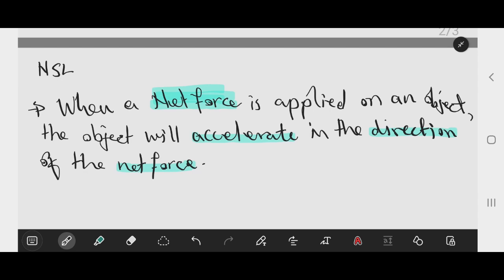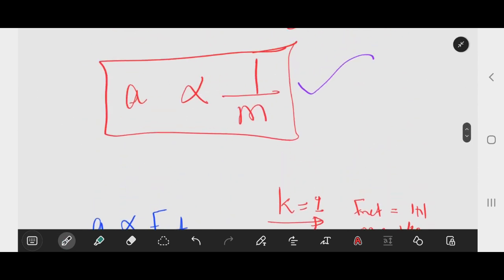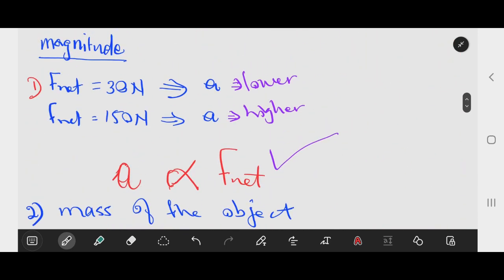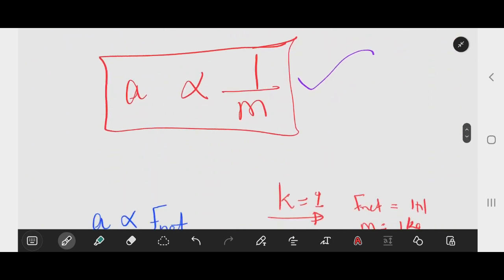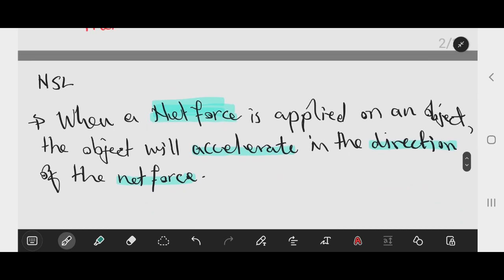So now we insert the second part of this definition, which is the proportionality part: the acceleration is directly proportional to the net force, and that acceleration is inversely proportional to the mass of the object, right?